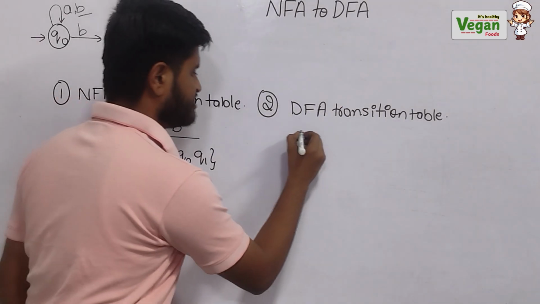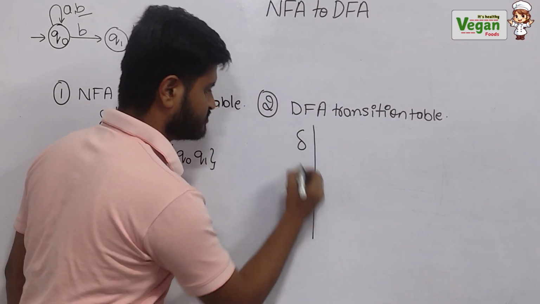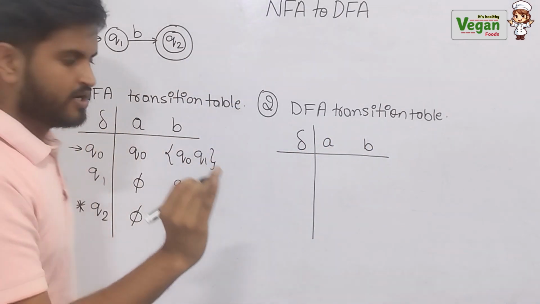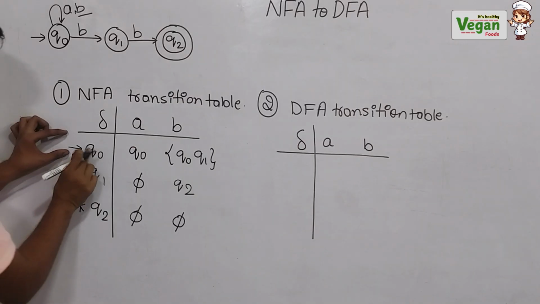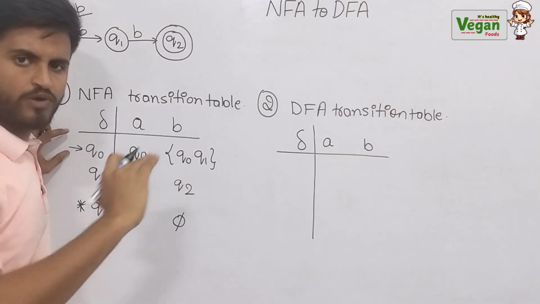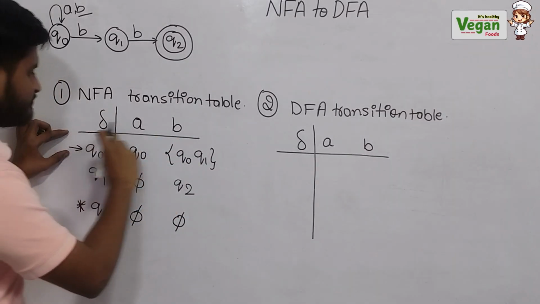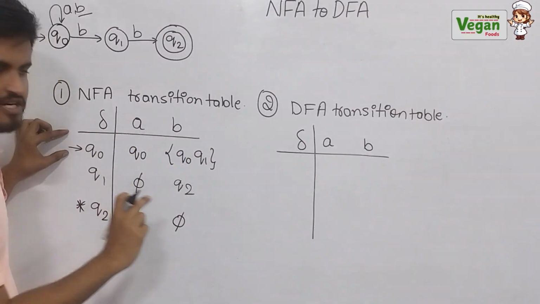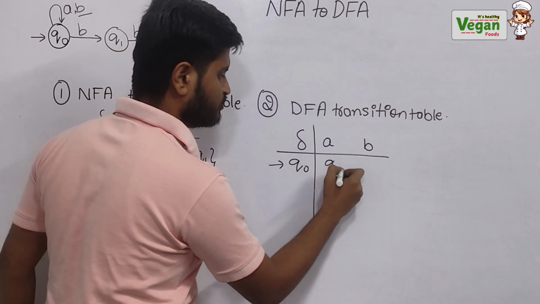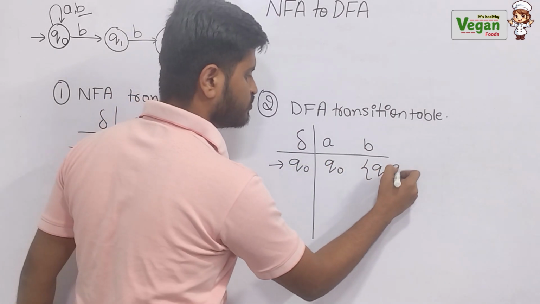It will also be represented using delta only, and the input symbols are A and B itself. Now what you must do is, take the first row from the NFA transition table. Whatever may be the problem, take the first row from the NFA transition table and just copy it here. So Q0, Q0, Q0, Q1.